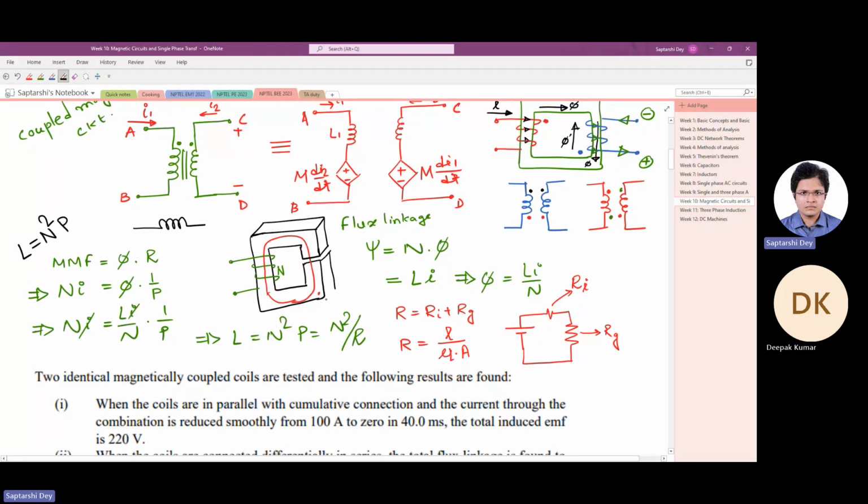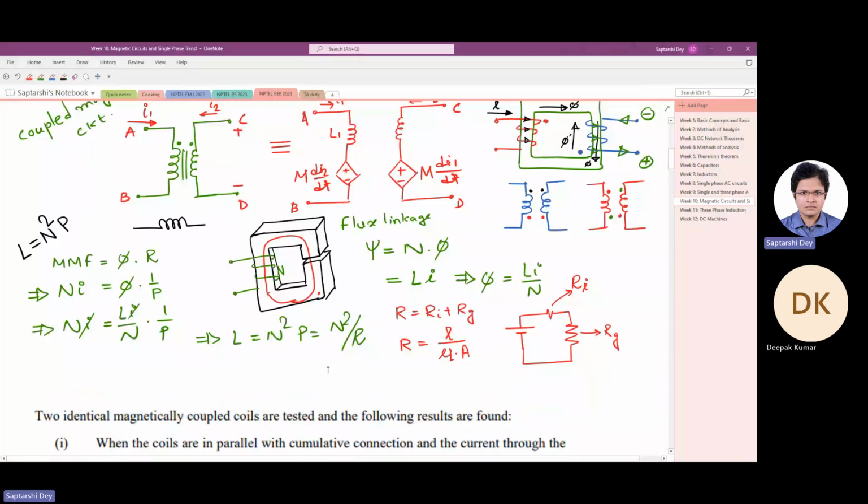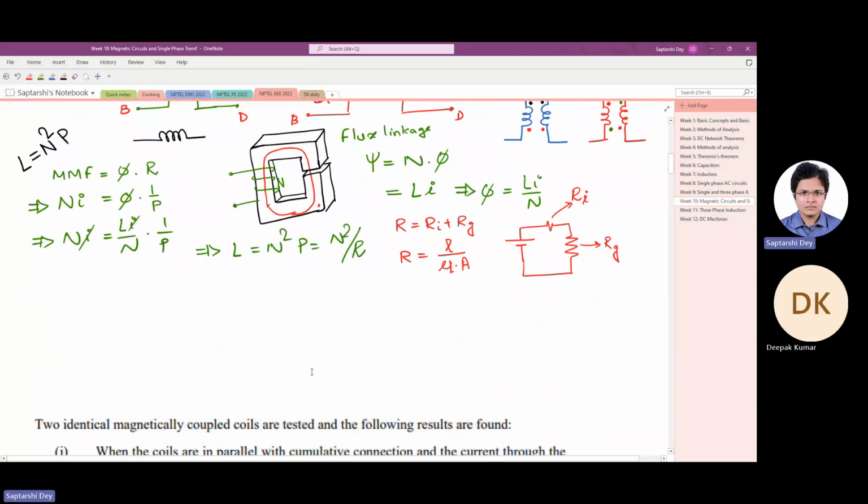It has a certain cross-sectional area through which the flux flows. So you can see that the inductance is completely determined by the geometry of the magnetic circuit and by the number of turns that you have wound in the inductor.